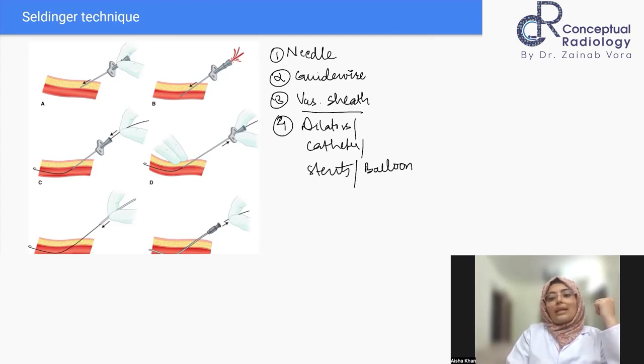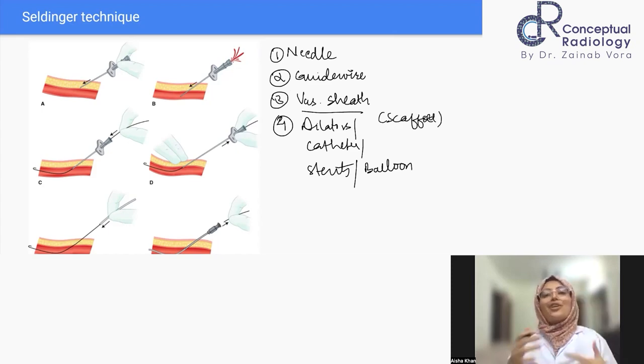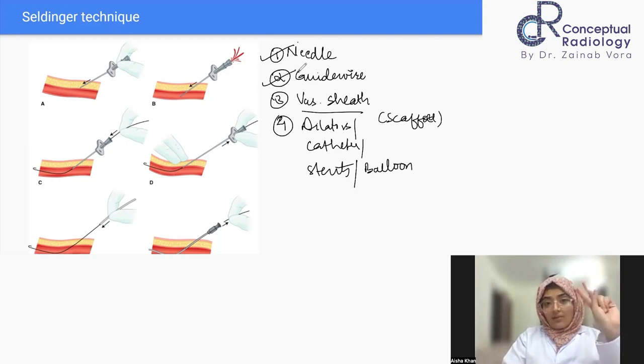So sheath is acting as a scaffold, a stable provider, जिसके ऊपर से you can exchange your different instruments such as catheters, dilators, stents and balloons. तो हमेशा इसी order में याद रखना है. Needle आएगा सबसे पहले, उसके ऊपर से pass the guide wire, and number 3 vascular sheath, and over vascular sheath you can exchange a hell lot of instruments.